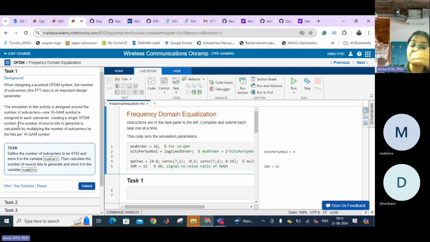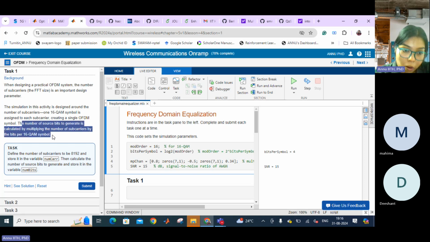If you have 1200 subcarriers, those 1200 subcarriers themselves create one OFDM symbol, and in one subcarrier there is one 16-QAM symbol assigned. So the number of source bits to generate is calculated by multiplying the number of subcarriers by the bits per QAM symbol. Understand this.